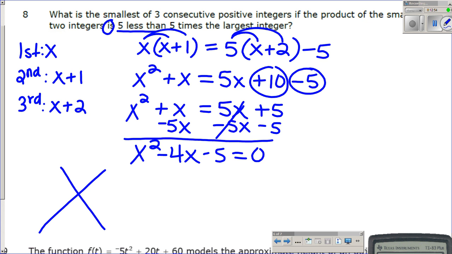Okay, A is 1, C is negative 5. 1 times negative 5 equals negative 5. B is negative 4, so we need factors of negative 5 that will give us a sum of negative 4. And that is going to be negative 5 and positive 1. Okay, now we're going to box it.